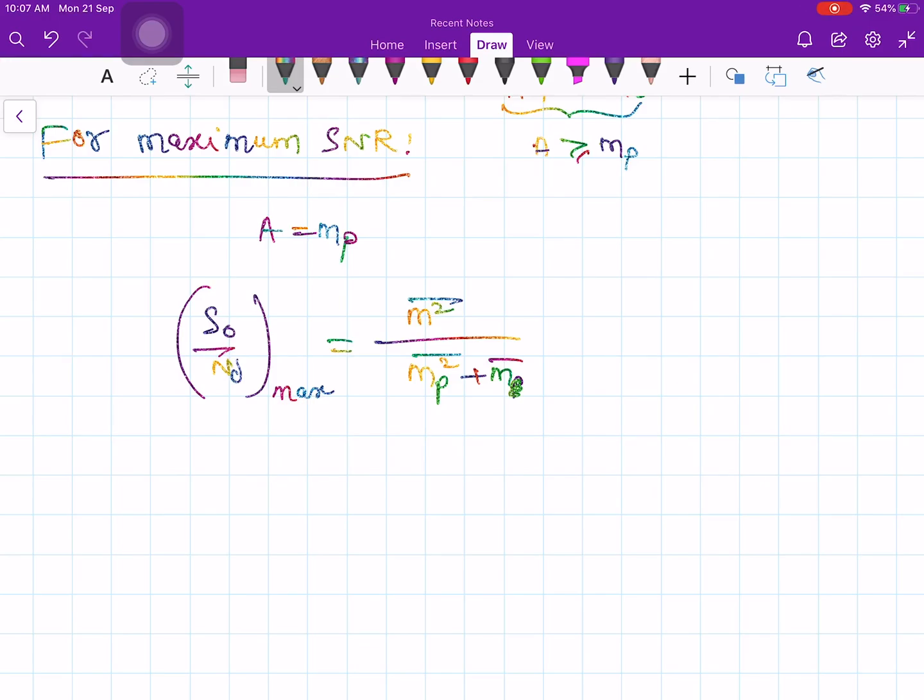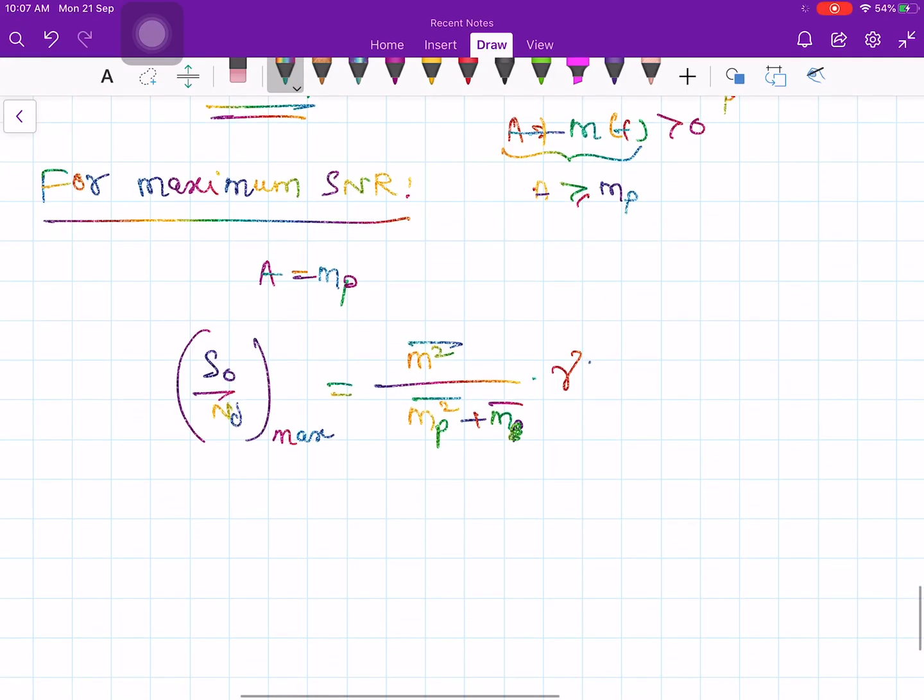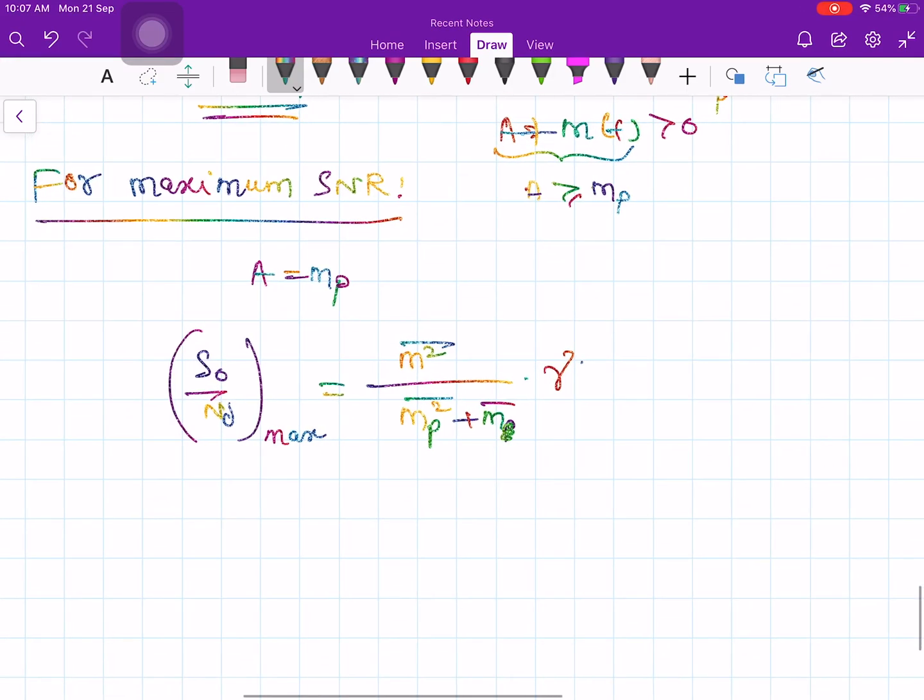This is in terms of the peak value, times gamma. Actually this was my A, so that A is replaced by m_p.